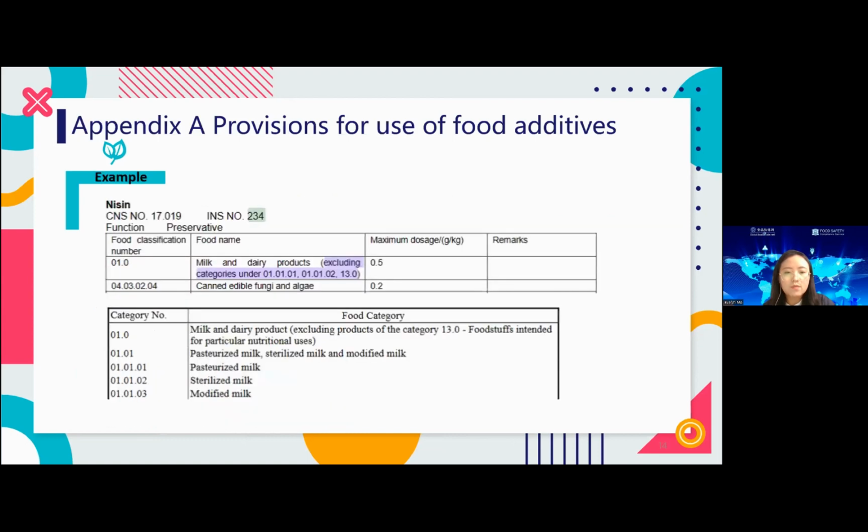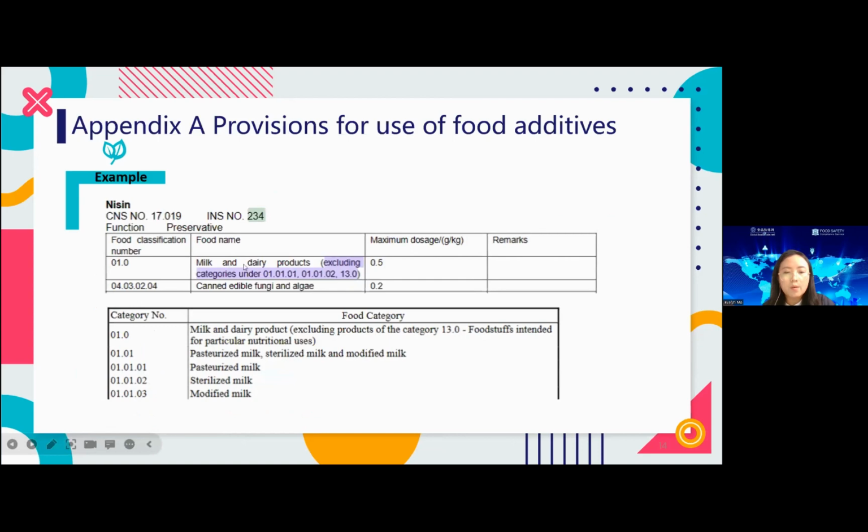For example, niacin with the INS number 234 is permitted to be added in the milk and dairy products, which is the higher level category, with the food category number 01.0 here.